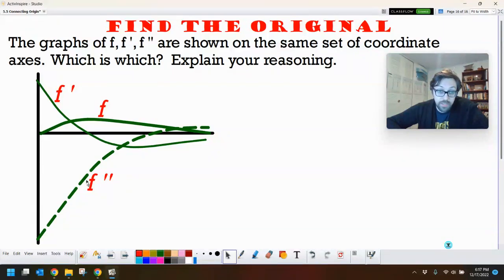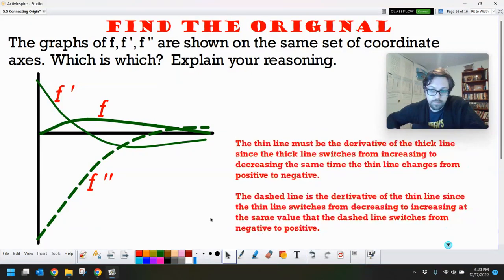So we are definitely concave down here, and then it probably is switching, but very subtly, to being concave up right here, which is why it shifts to being positive at that point. In case it's easier for you to see what I said rather than hear what I said, this is what I said for you to write down. It is how I am justifying which is the original, the first derivative, and the second derivative.